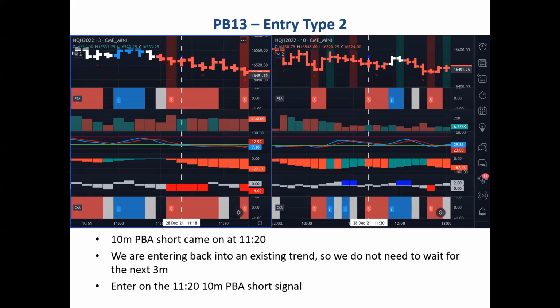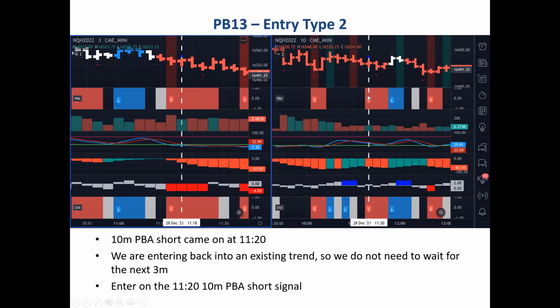So we would enter on that 11:20 bar because it came on at the open of the bar, and we already have alignment as of 11:15 with the 3-minute. 11:15 printed a short PBA. 11:18 was in the process of printing a short PBA. And so 2 minutes later, after that 11:18 bar, the 11:20 comes on and presents a fully aligned condition. And so we are going to rejoin the existing trend.